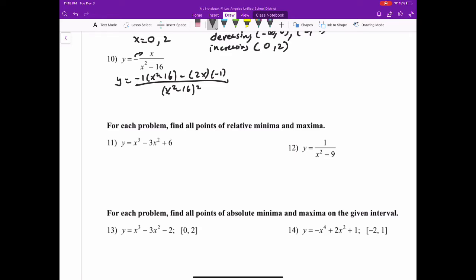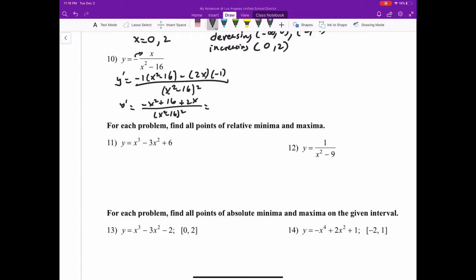Okay, we'll simplify that, we'll clean it up a little bit. So y prime is equal to negative x squared plus 16 minus a negative 2x times negative 1 becomes a positive 2x, all over x squared minus 16 squared.